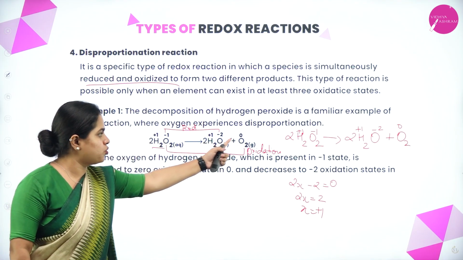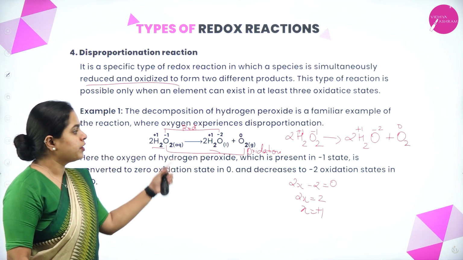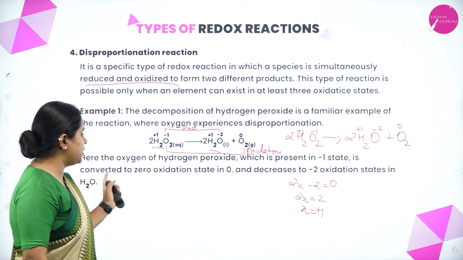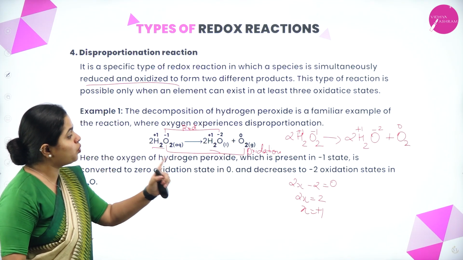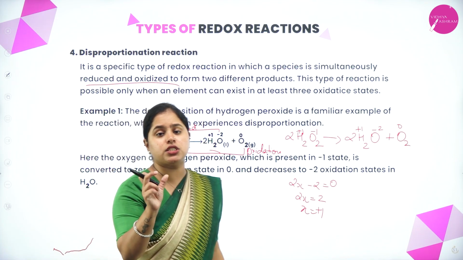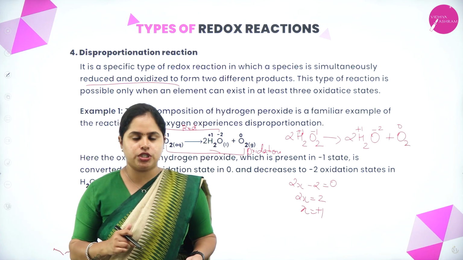Here it is -2 and here it is 0. The oxygen of hydrogen peroxide, which is in the -1 state, is converted into the 0 oxidation state in oxygen gas and decreases to the -2 oxidation state in water. So it's the same element which is undergoing oxidation and reduction. Such reactions are called disproportionation reactions.